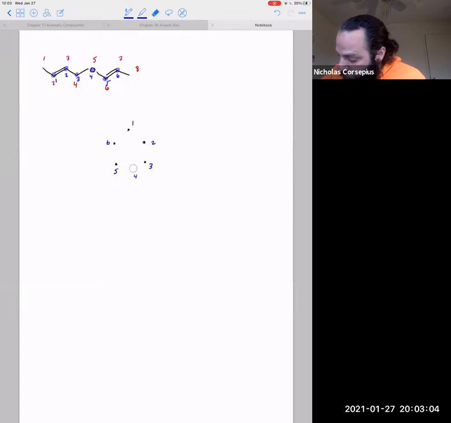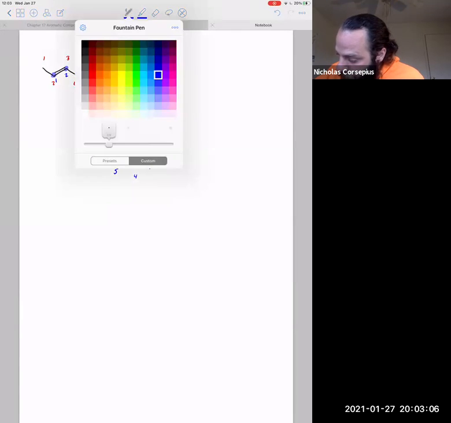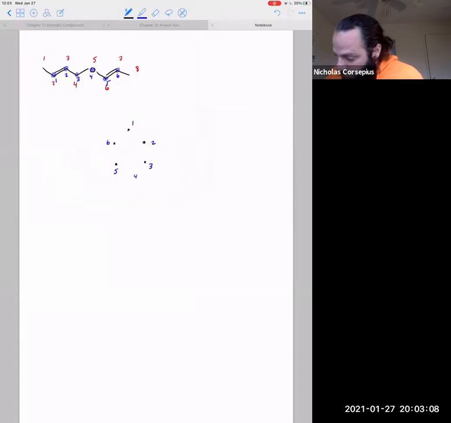Most notably, atom 4 in this ring, or 5 in the whole structure, is an oxygen. And then 1 and 6 are the only ones that aren't going to be connected. And then 1 and 2 have that double bond, and 5 and 6 have that double bond. So now I'm just missing these atoms over here in order to make this correct.